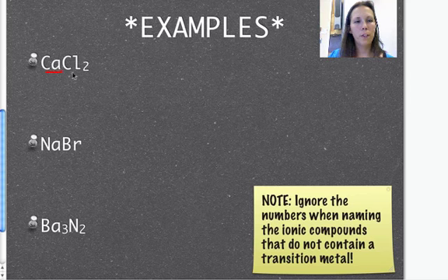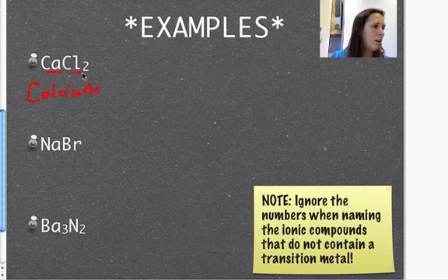Okay, so for our first example, we have calcium and chlorine present in this ionic compound. Calcium is in the +2 column, so we're naming the cation first, which simply is calcium. Okay, and then chlorine, we always end stuff with an IDE, so chlorine is going to be chloride, calcium chloride, just like that.